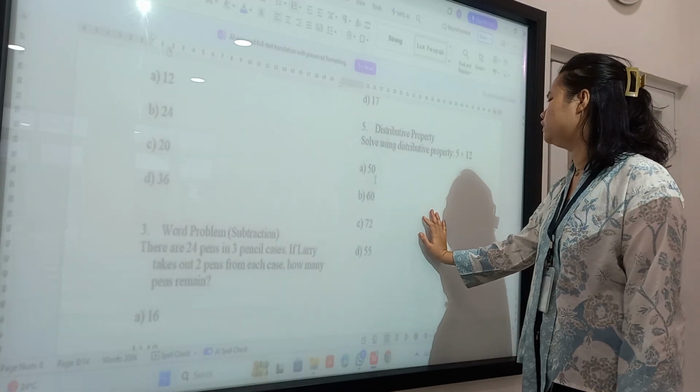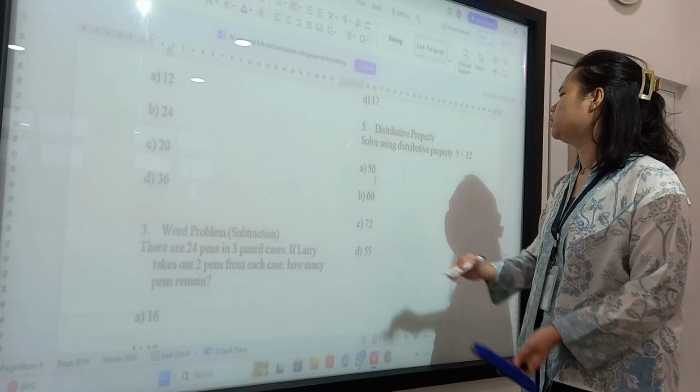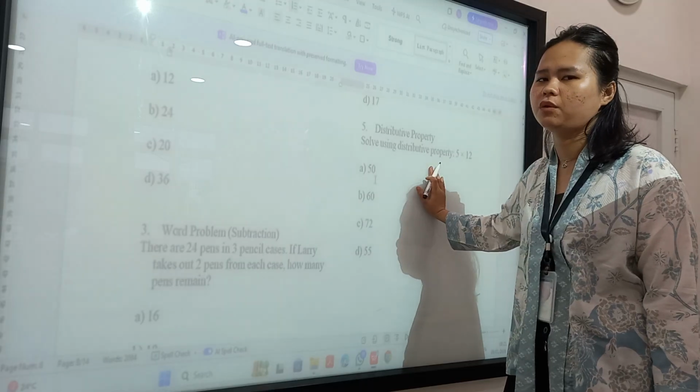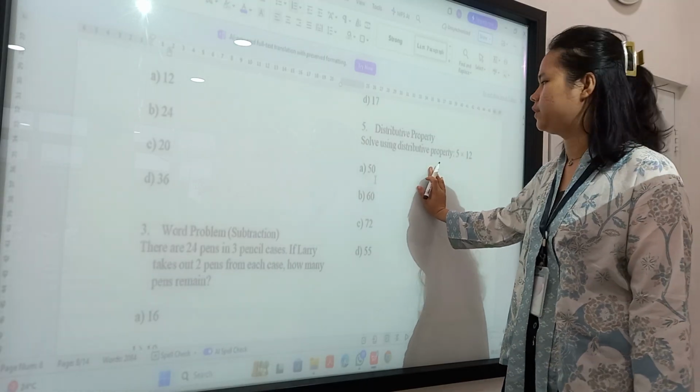Distributive property. Solve using distributive property. Okay, so distributive property is like when you separate or make them not together.